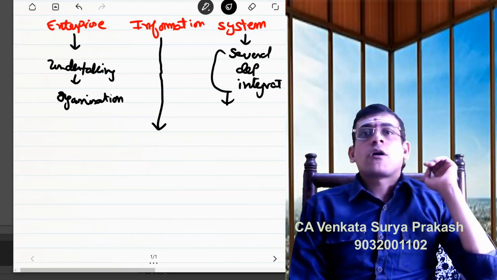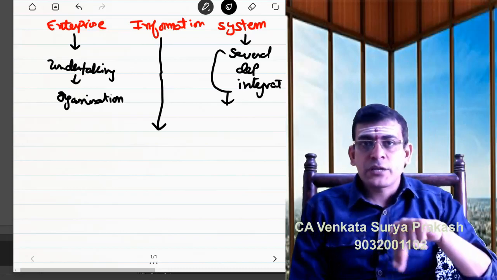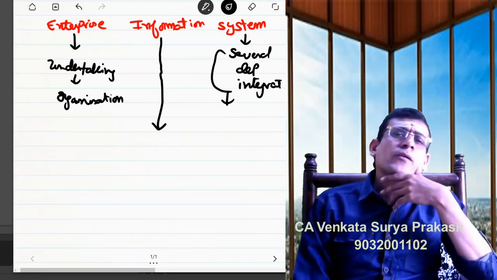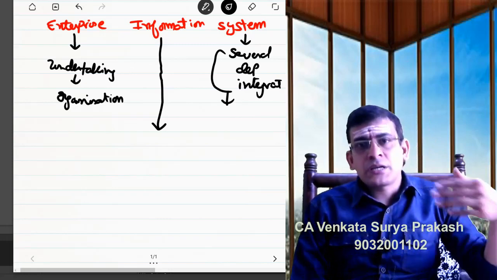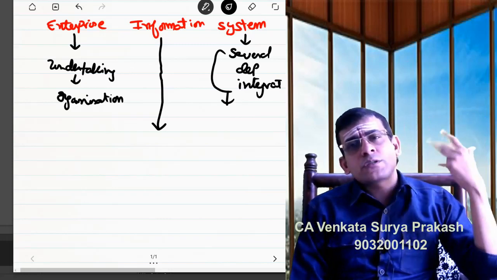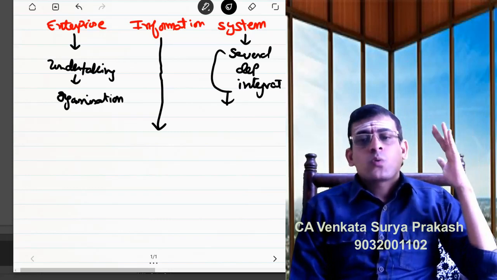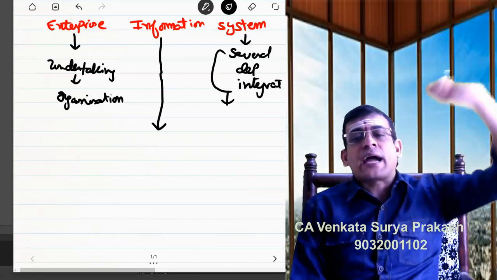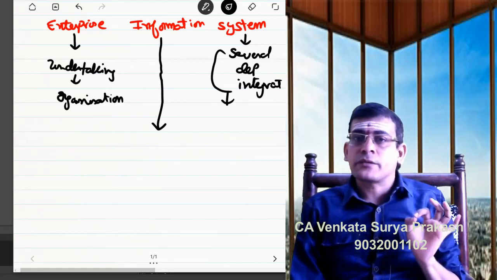If there is no flow of information from the sales department to the production department that the demand is this, you should produce this, ultimately what will happen? The production department will keep on producing the goods to ensure that they use the capacity of the machine to the optimum extent.